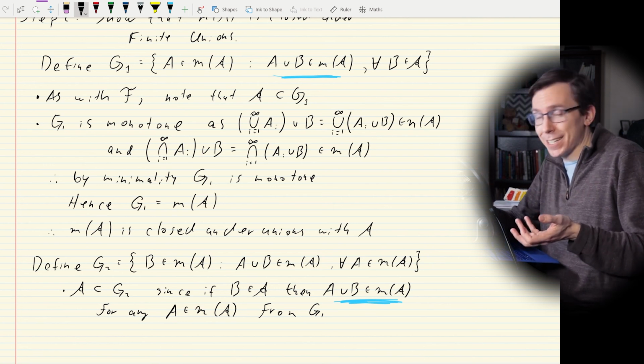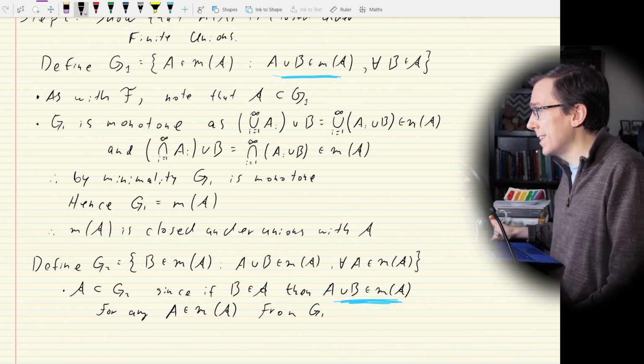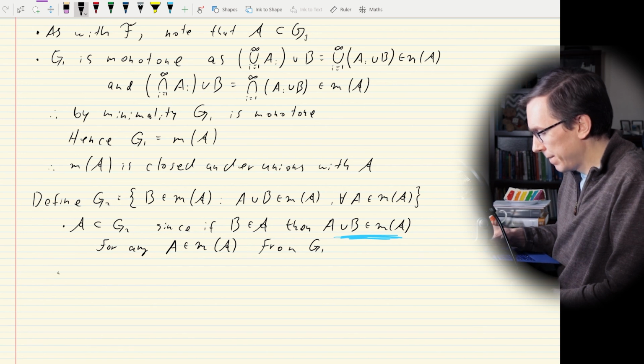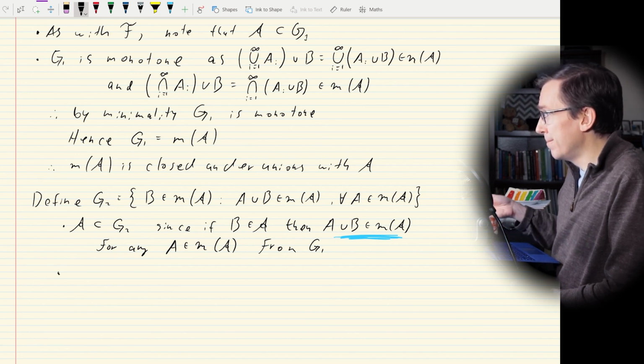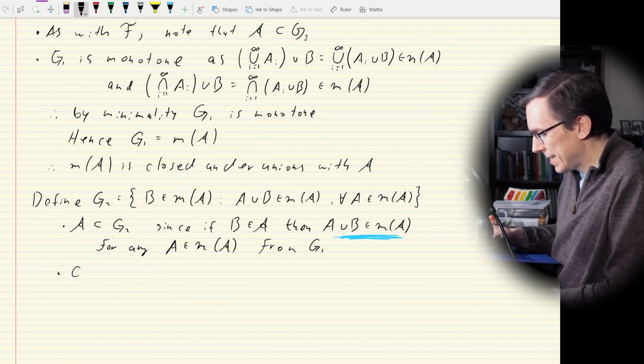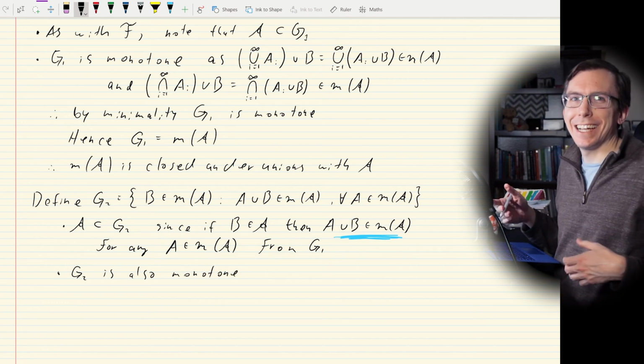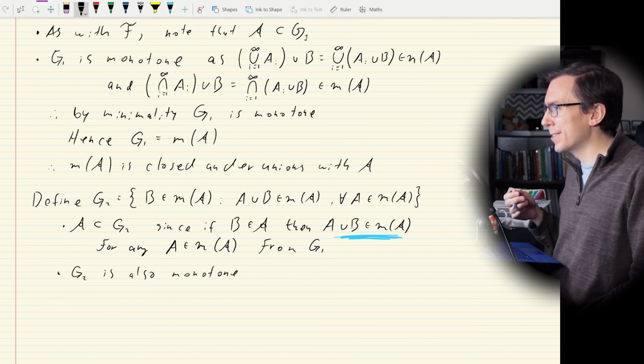That's good because, again, we want to use the minimal monotone property. And based on basically the same argument as before, G2 is also monotone. I'm not going to redo that because we already did that, but it is monotone.